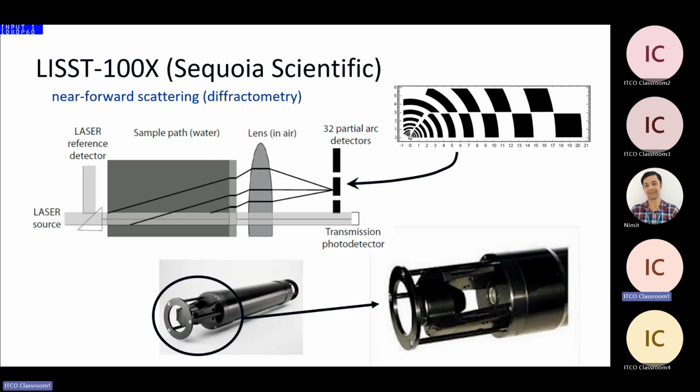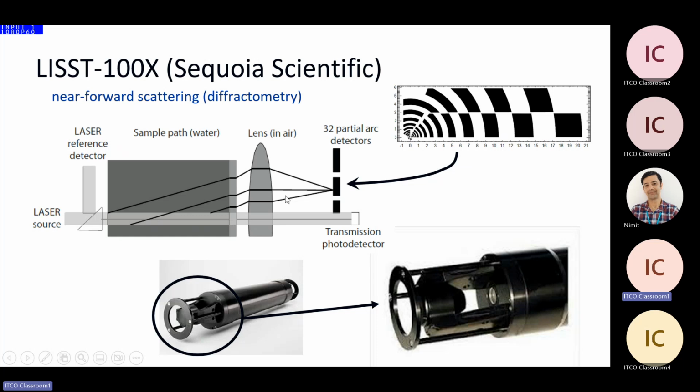This is another sensor that was developed at Sequoia, where Wayne used to work. This is a slide, I think, that Matt Slivkoff put together at one time, and he's arriving later today. You guys will meet him tomorrow. This measures near-forward scattering through diffractometry. You've got this laser, another collimated source, going through the sample here.